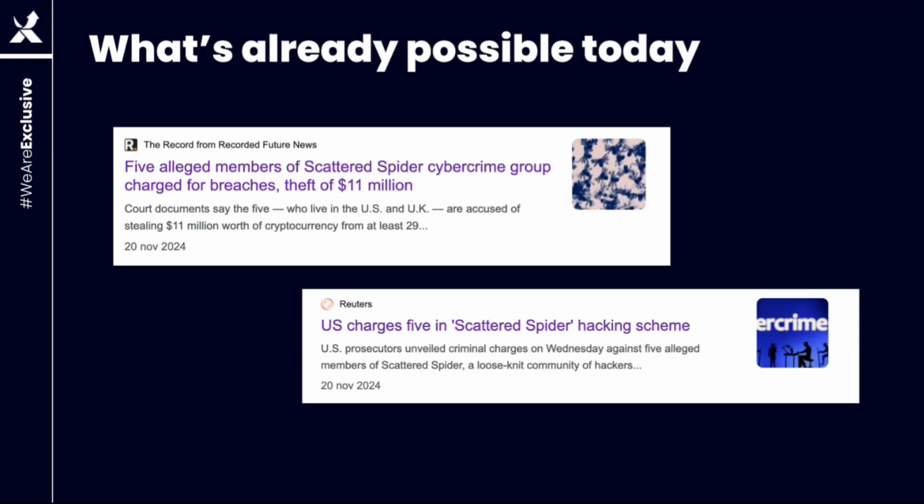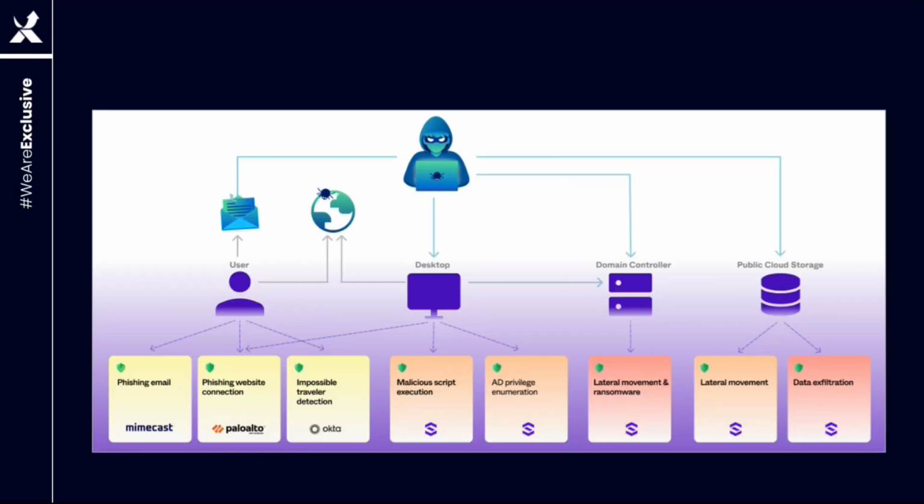So, for example, a good use case could be the Scattered Spider hacking group, the APT, which has been caught in the United States a few weeks, months ago. And how they went to work, well, that's actually possible to see the complete flow within the SentinelOne platform right now, even though they are operating, for example, on the network with phishing websites, etc., because we can integrate all these logs from third parties as well.